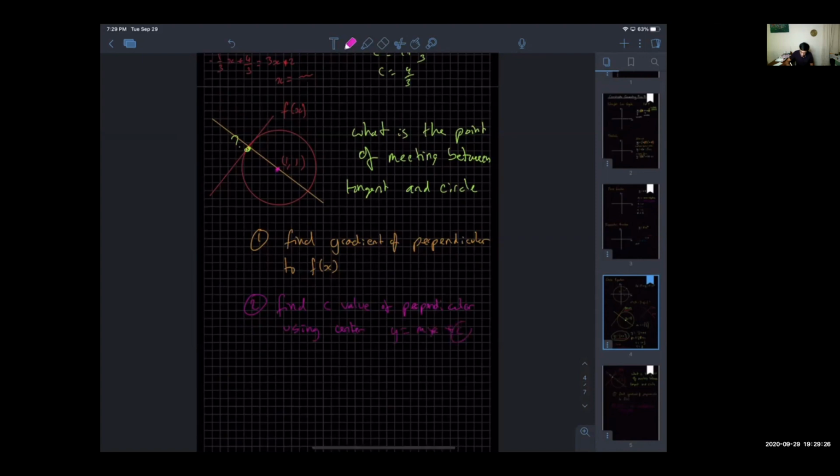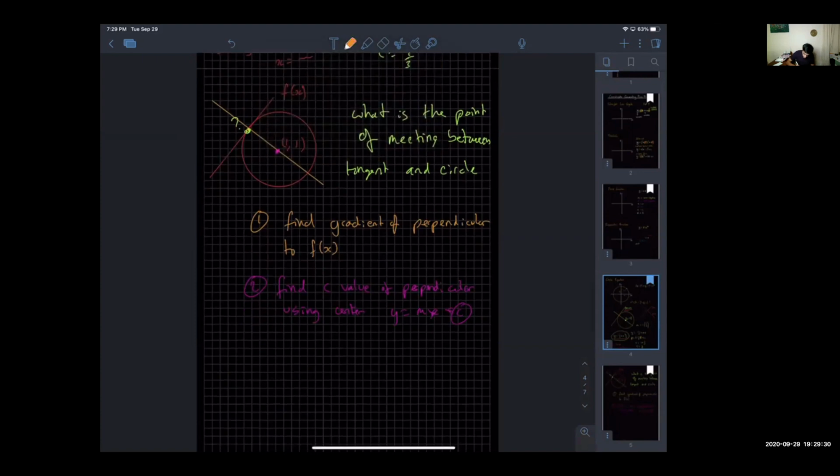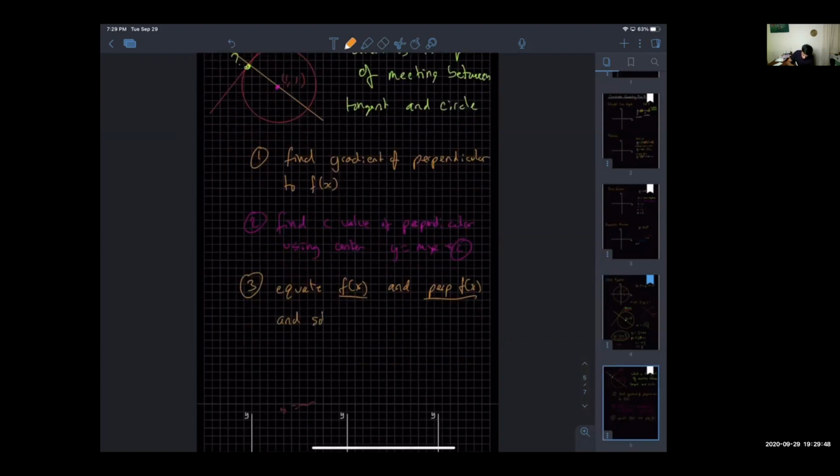Then 3, equate f of x and the perpendicular, equate this and solve for the meeting point. This is how you would approach this question.